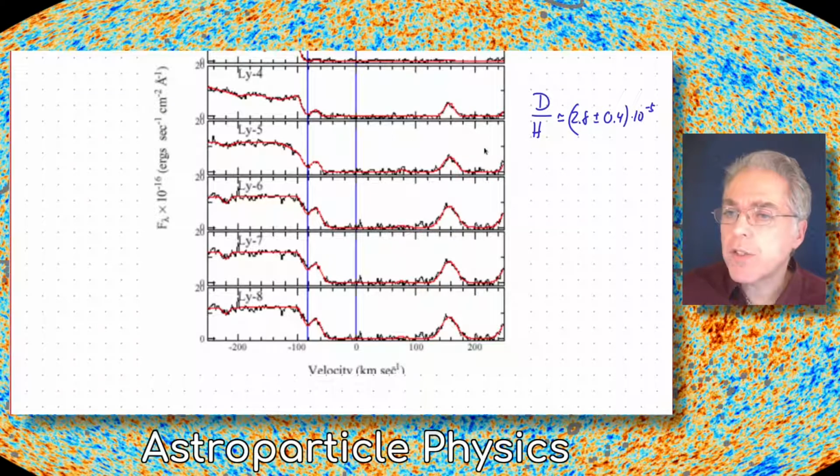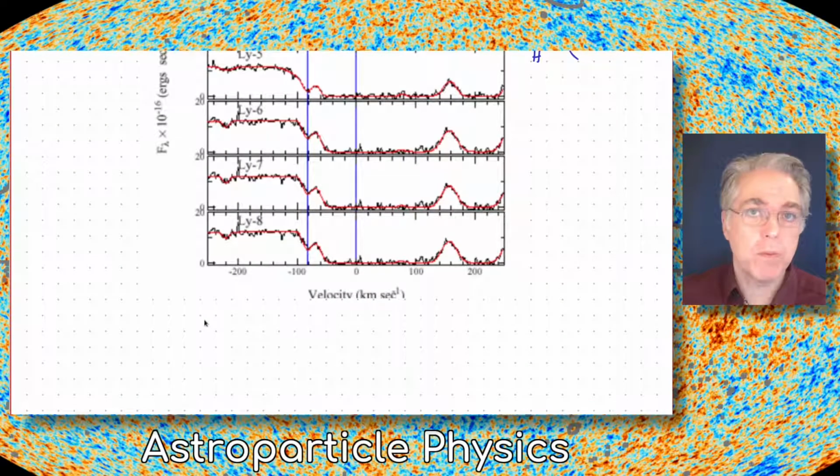You see that the hydrogen absorption feature is much, much stronger, and the ratio can be determined with just one individual object with an uncertainty of maybe 25% or so. So the current best value is much, much more precise.